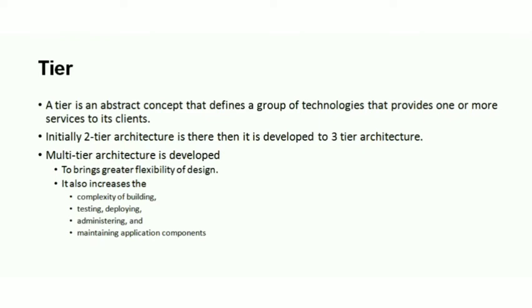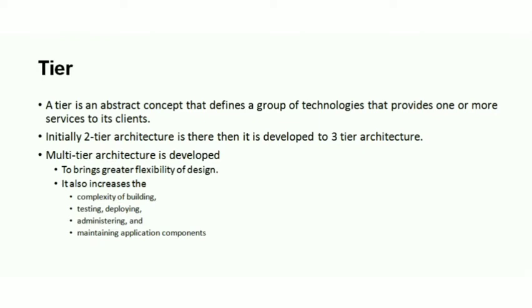So a single system that works singly or independently is known as a tier, or we can say single tier architecture. When different layers are attached to the system, these layers work as a two tier, multi tier, three tier, etc.